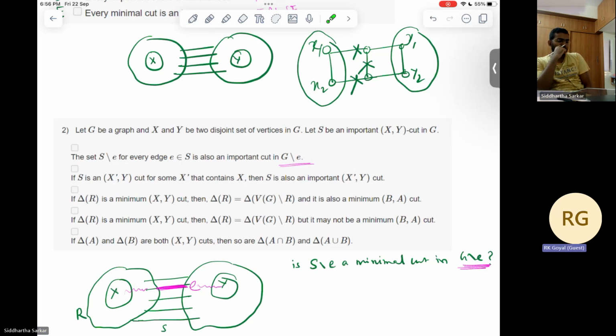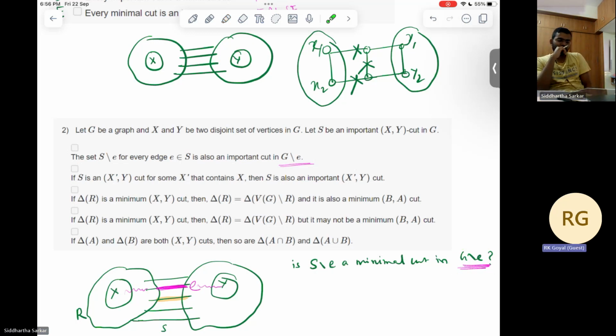So in that case, it's clear that this would be true, because this is a cut for sure: S minus E is going to be able to disconnect X from Y. But is this a minimal cut or is there a smaller cut? Is it possible that we delete this edge and claim that the rest of the edges is a cut for X and Y? Is that true in G minus E?